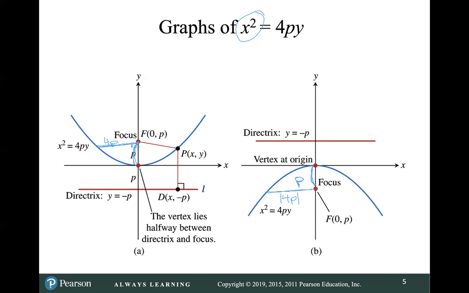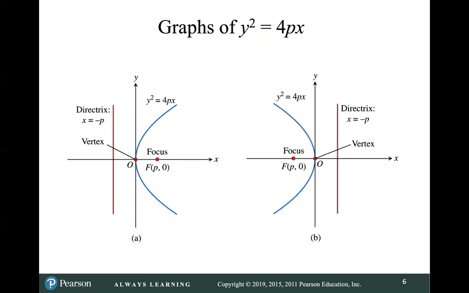If we switch and we do horizontal parabolas, all that's changing is the role of x and y. So our vertex is still halfway between the focus and directrix. The distance from vertex to focus is still p. The distance from focus to the parabola is still 4p. And the directrix is still the line x equals negative p.